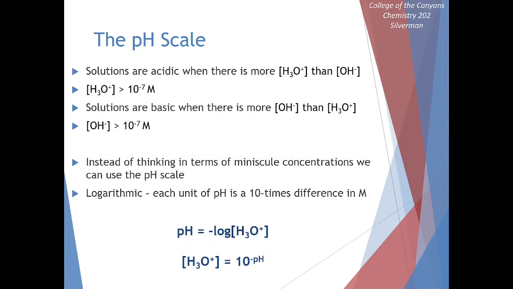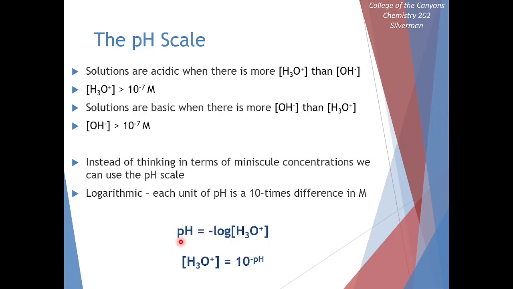When doing these concentration calculations, we can see that our numbers are oftentimes very, very small. Right? The concentration of hydronium or hydroxide might be on the order of 10 to the negative 13 or 14th power. Well, we can make our numbers more convenient by introducing the pH scale. The pH scale is a measurement for the amount of H3O+, but we've changed it to be a logarithmic scale.